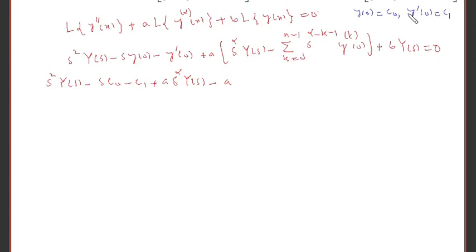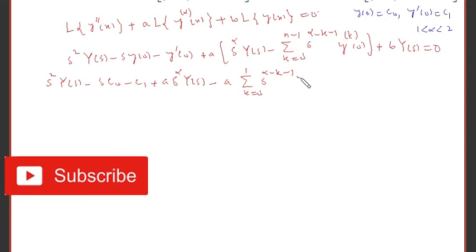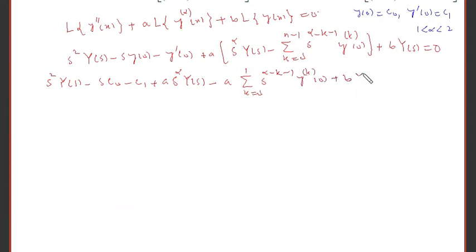Since alpha lies between 1 and 2, the n, which is the next integer above alpha, must be 2. So n is 2, and this becomes summation k from 0 to n minus 1, which is just 1. Everything inside the series will remain as it is, the kth derivative of y at 0, plus b times Y of s is equal to 0.